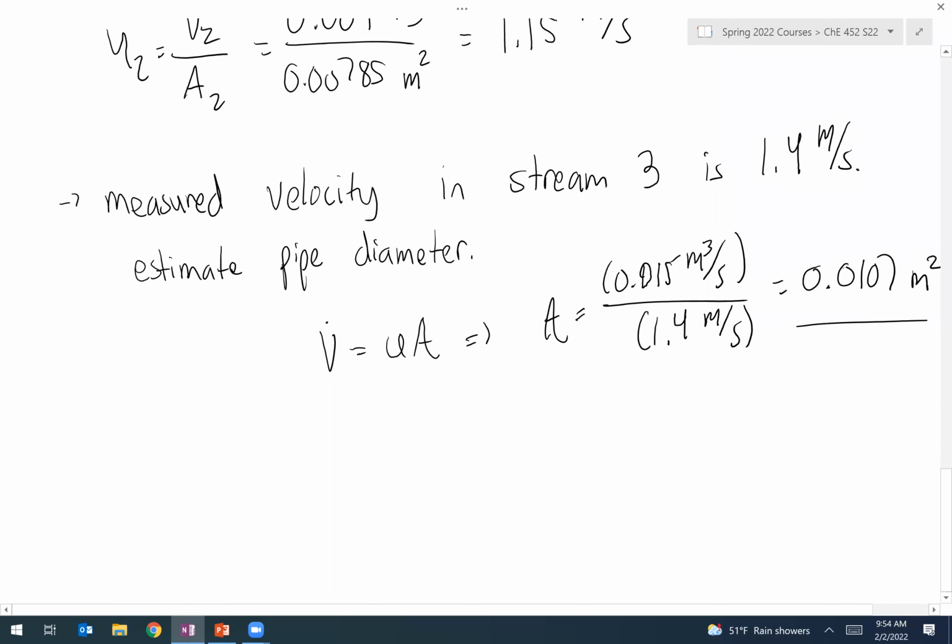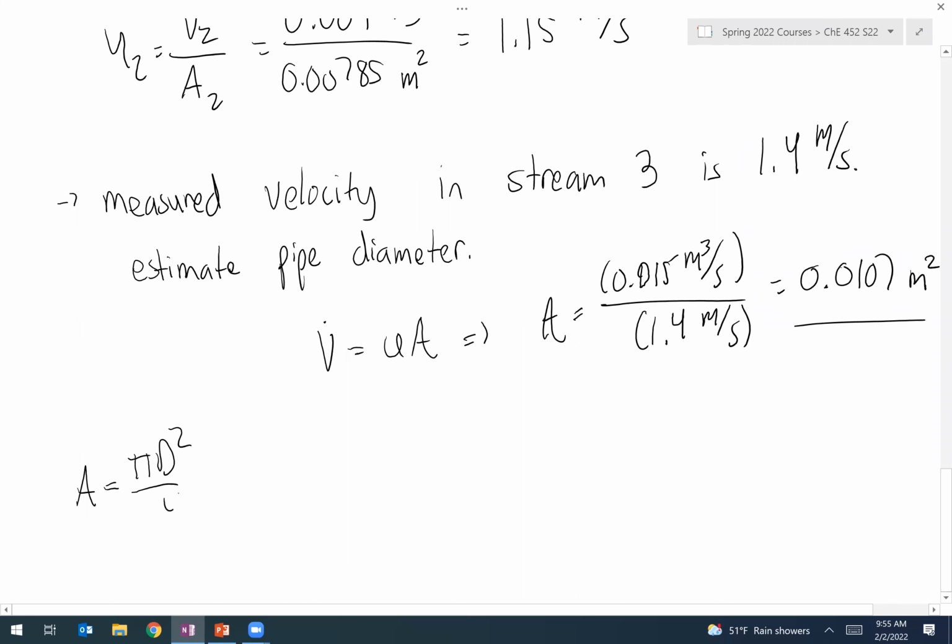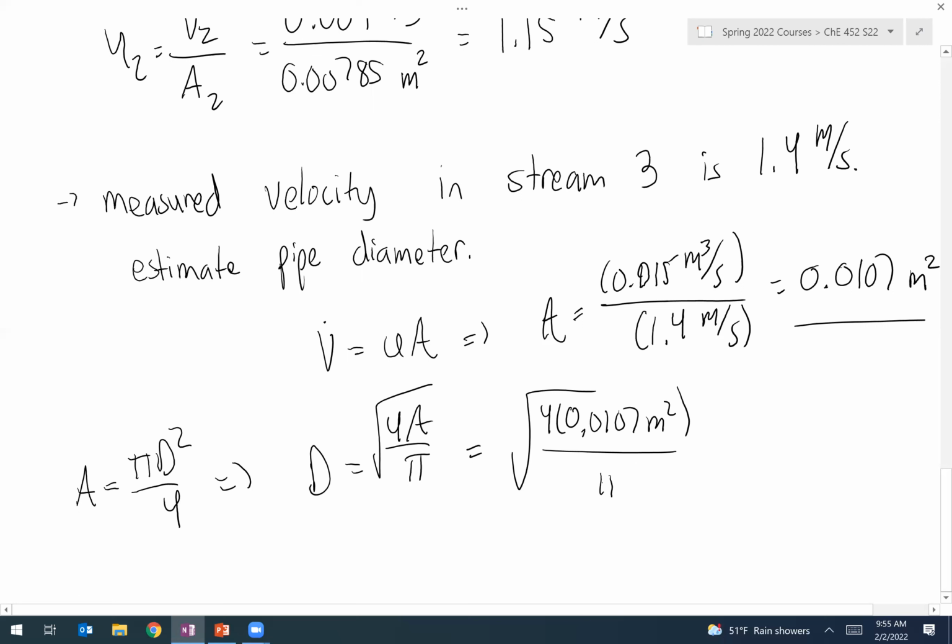And with that, since I know area is pi d squared over 4, that means the diameter is the square root of 4 times area over pi, which is equal to the square root of 4 times 0.0107 square meters over pi. And I get about 11.7 centimeters.